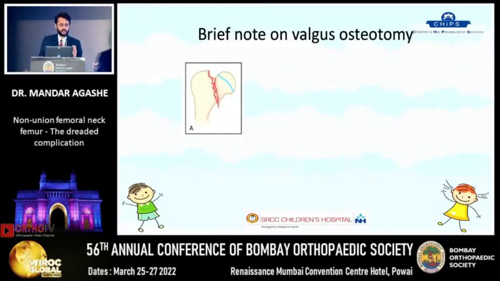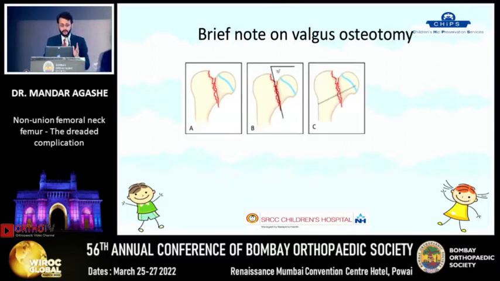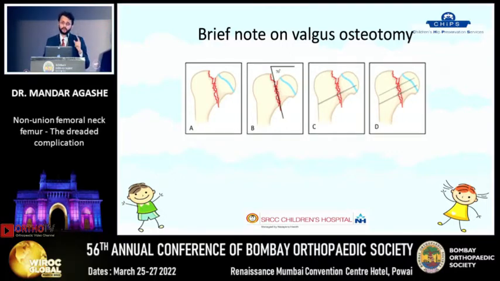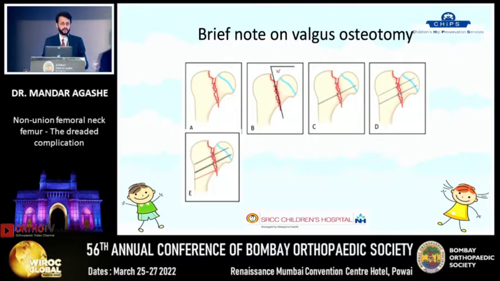A brief note on a valgus osteotomy. You have a Powell's angle which is very vertical, almost 70 degrees. I usually try to fix it with a DHS screw. The DHS guide wire is placed like this. I usually like to put a cancellous screw superior to it. The osteotomy is just at the inferior level of the femoral neck, which is parallel to the DHS screw.